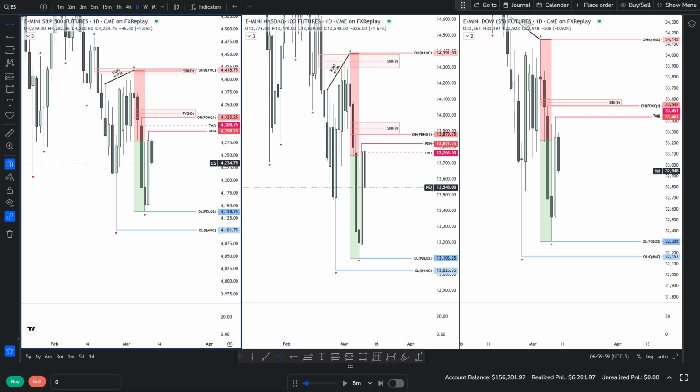So internal range to external range liquidity. If we're looking at purely the dealing ranges, then in theory the lows could be in the crosshairs. Now, that's the obvious view, certainly as it pertains to this daily time frame.